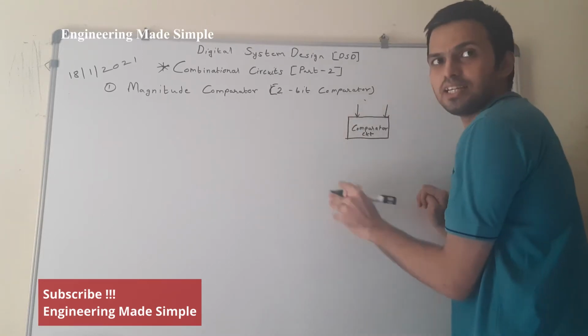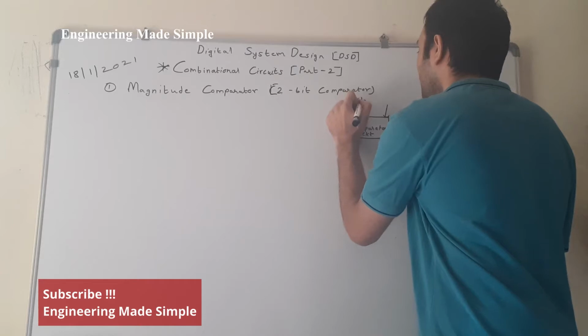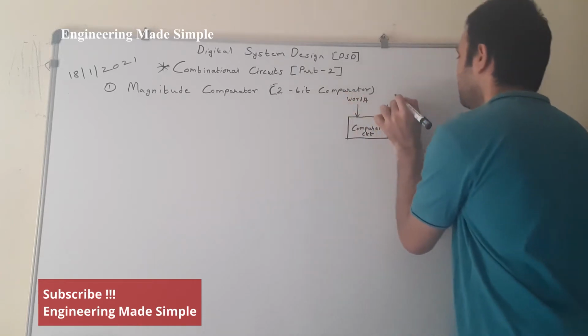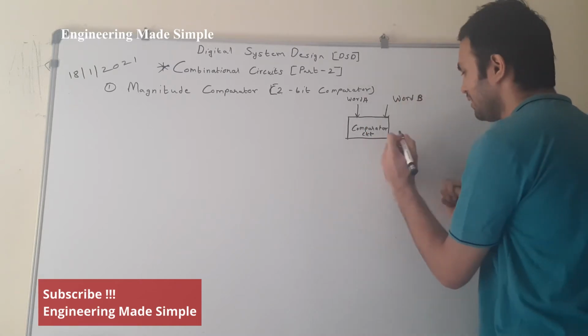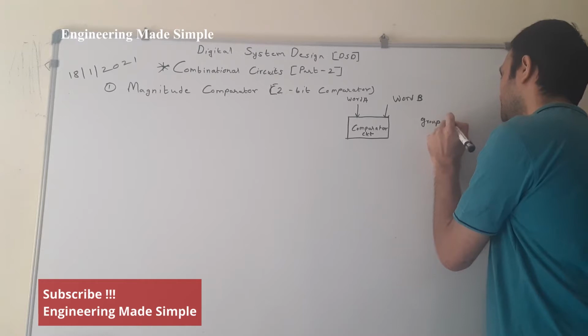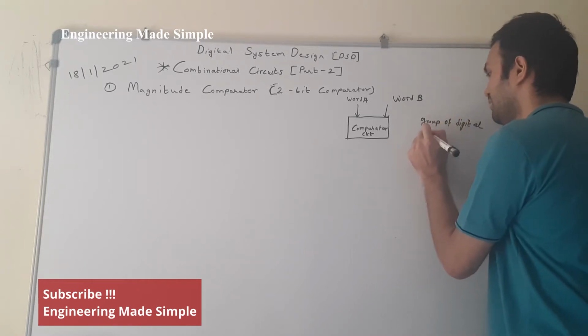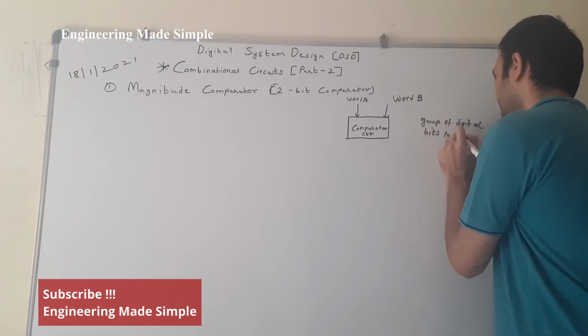This is a generalized one, so I am giving a simple case. This is word A, this is one input, and word B. Now what is this word? Word is nothing but a group of digital bits to form a digital number.